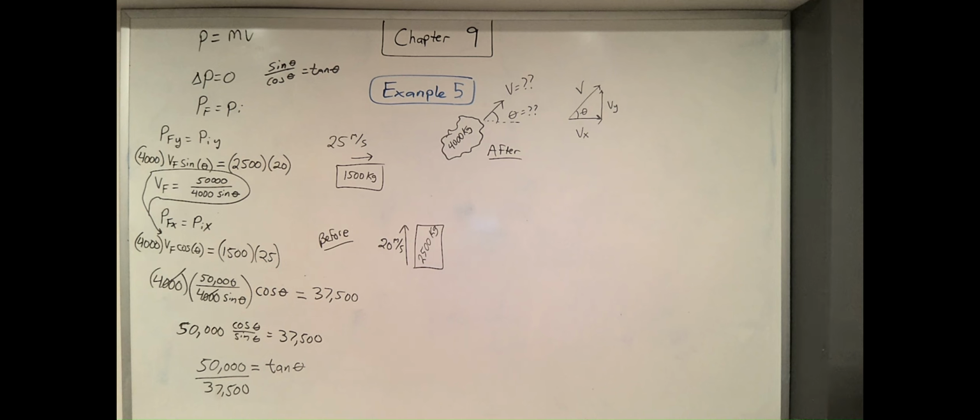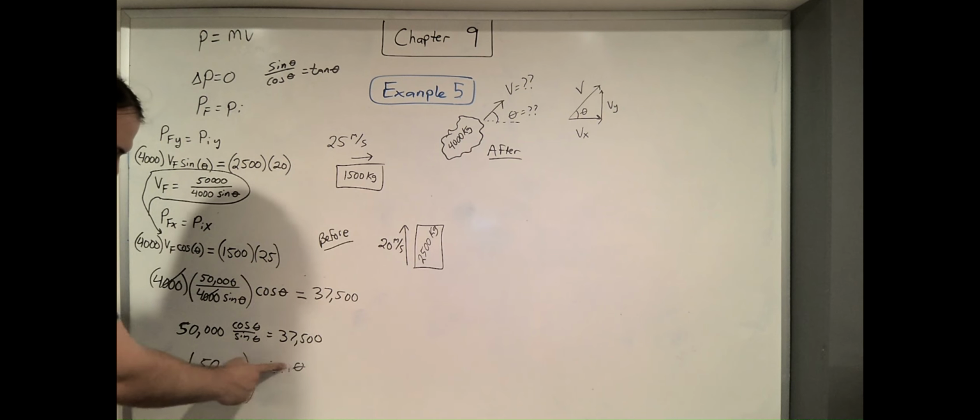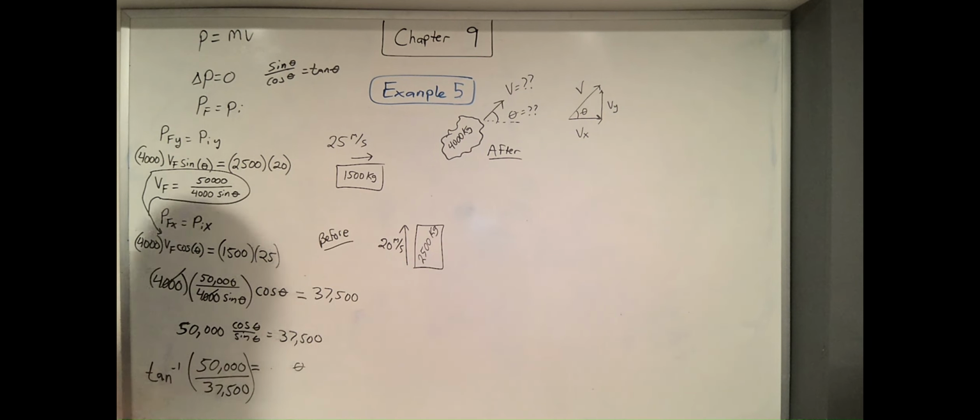And now all I have to do is get theta by itself, right? So I need to get rid of that tan. How do I get rid of tan? I do an inverse tan. So that means the tan inverse of this number is equal to theta. And hey, I've got one of my variables solved.